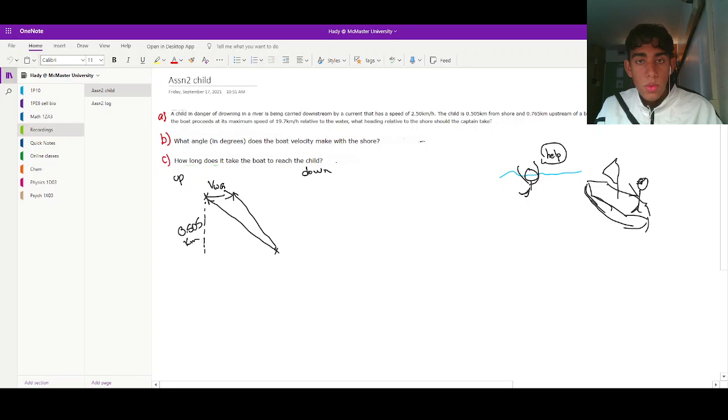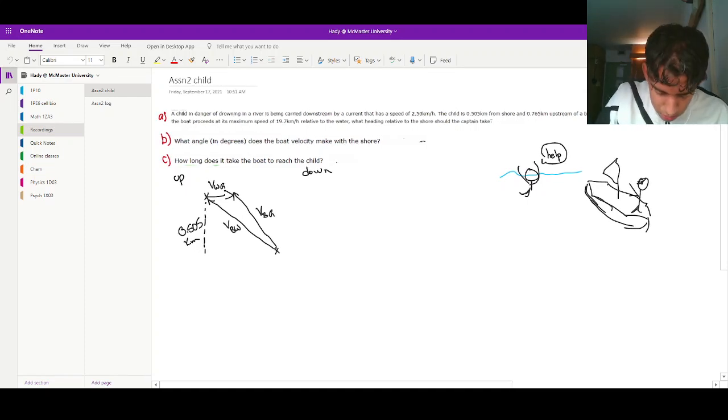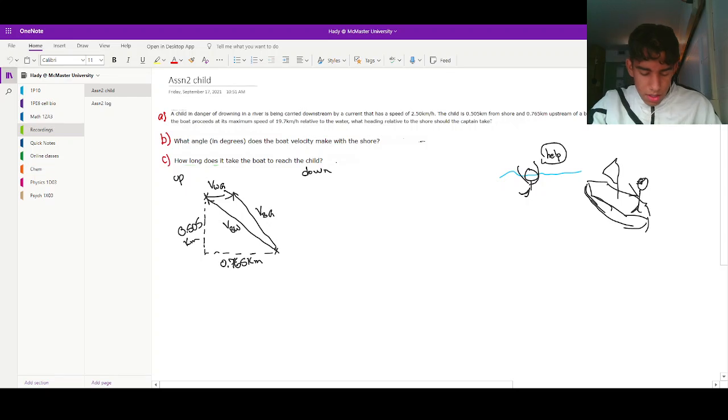So we'll have two things here. We'll have one, the velocity of the boat to the ground, and two, the velocity of the boat to the water. And we established that it is 0.765 kilometers from the kid.